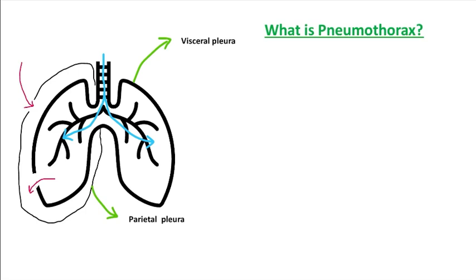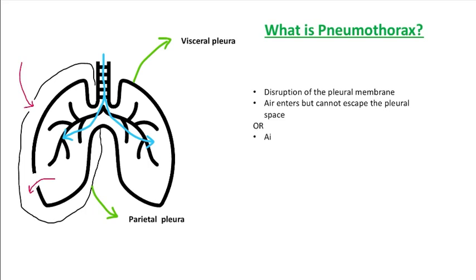In both cases, there is accumulation of air and no escape of air, and this affects your lung expansion and the way you breathe. This is essentially what a pneumothorax is.